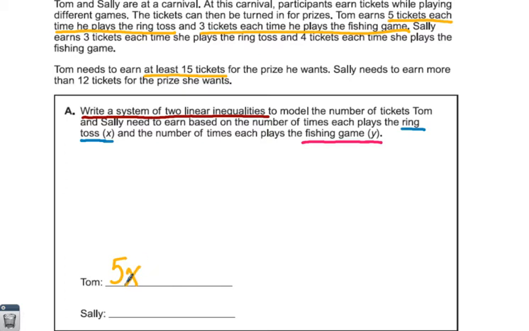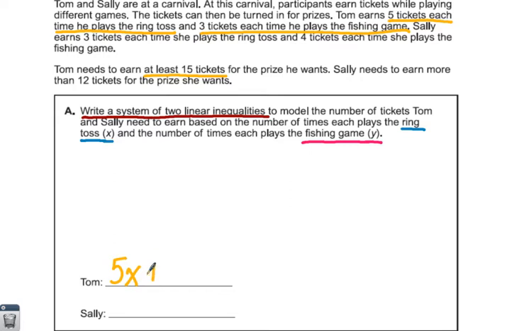So it would make sense to multiply 5 and x together. So once again, it's 5 tickets each time he plays the ring toss, and he plays the ring toss x number of times, so multiplying 5 and x together would be all the tickets he would get for all the times he would play the ring toss.